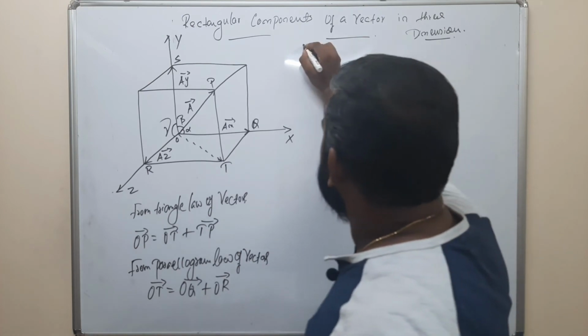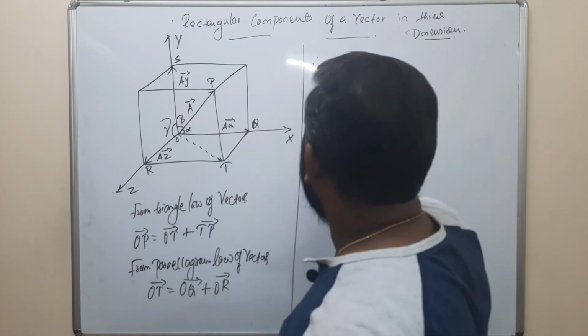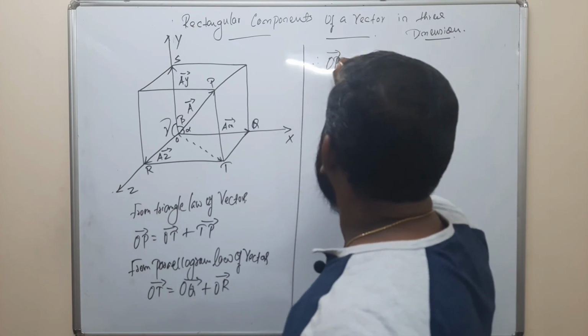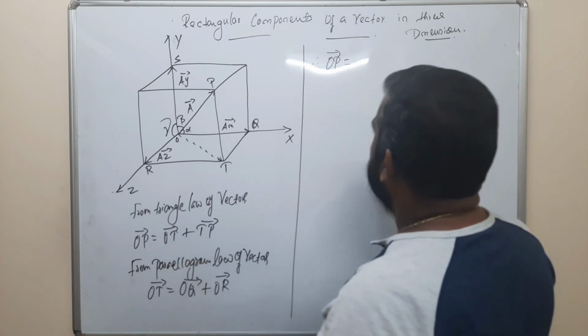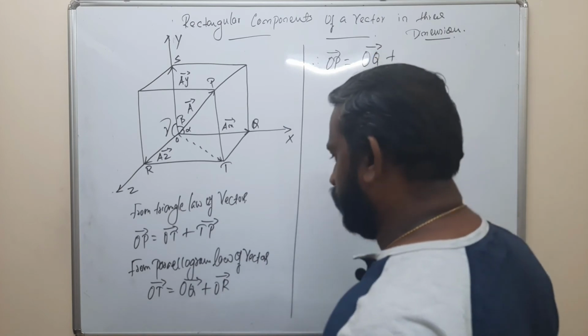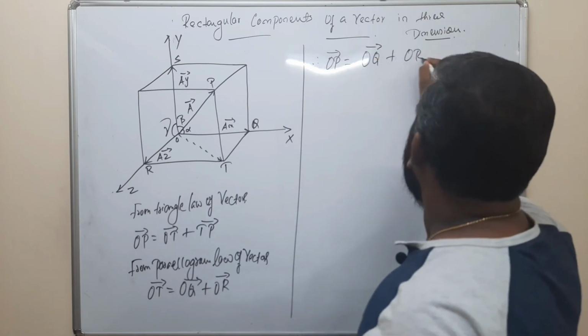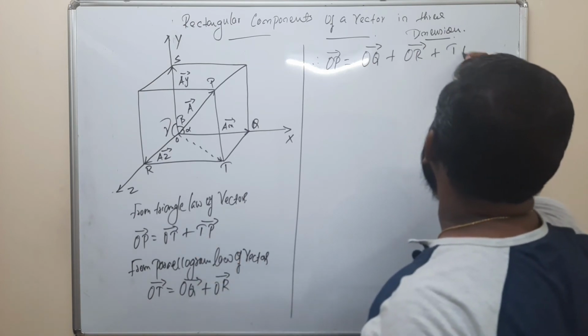Okay. So therefore OP vector is equal to, instead of this OT vector we can write OQ vector plus OR vector, plus then TP vector.